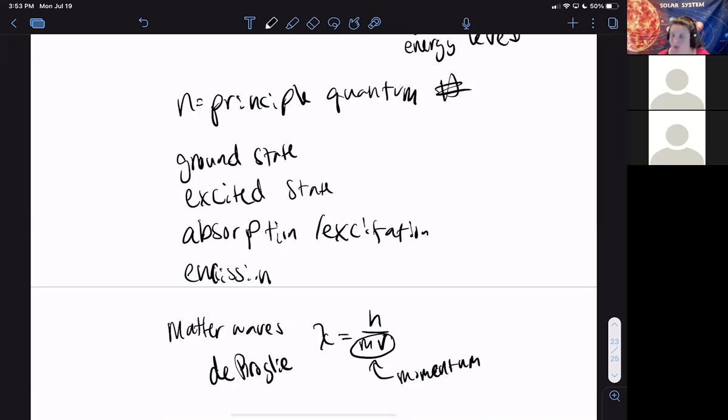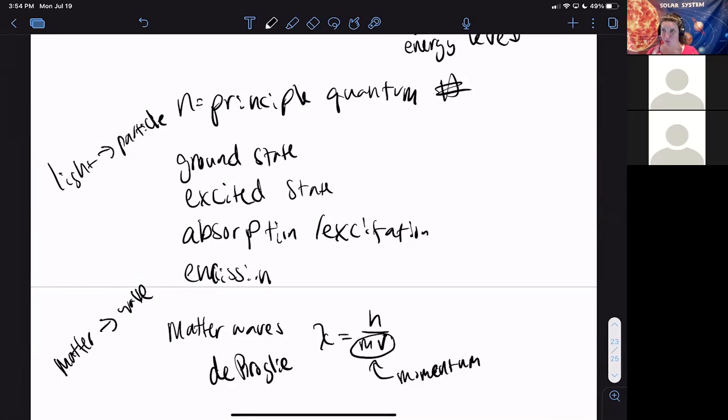The reason that matter waves come about is he was saying, okay, light can act as a particle, so matter must be able to act like a wave. So the wave-particle duality of light and matter. And using this equation, you can actually get the wavelength of an electron, and it actually does work.